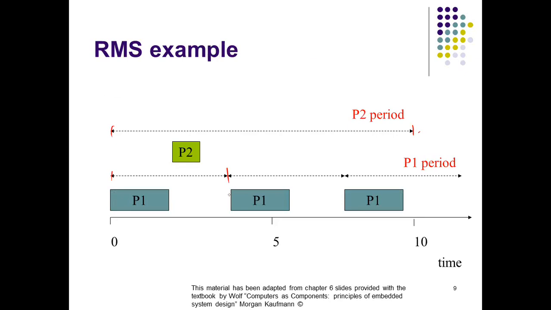So if P1 is the highest priority process, then the second that it's available, which is at the start of every period, it's going to start running. So at the start of the period, P1 runs. Now P2 is also ready at the start of the period, but it can only run once P1 is finished. So it runs shortly after P1 is finished.